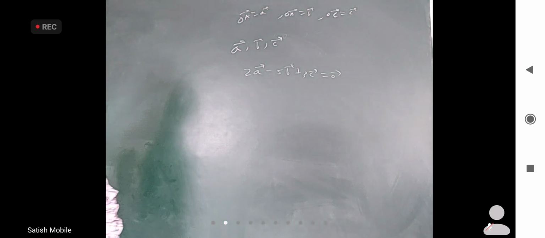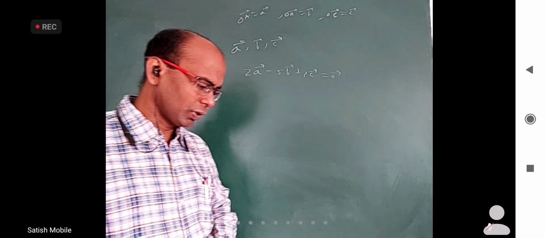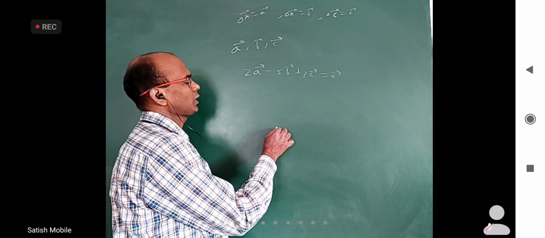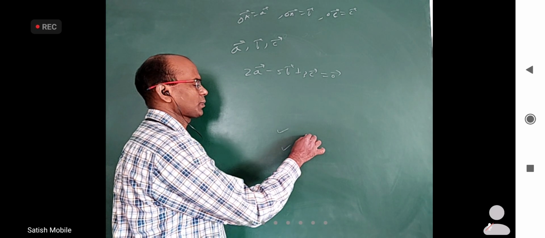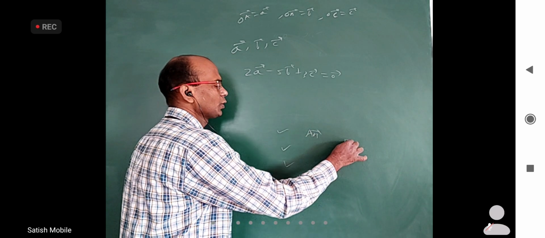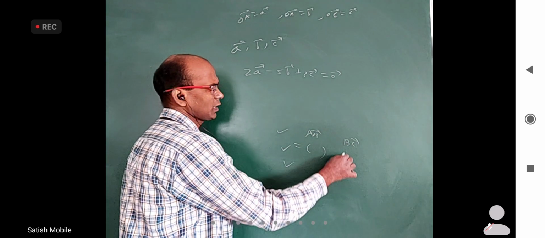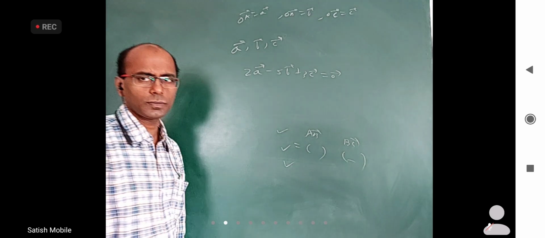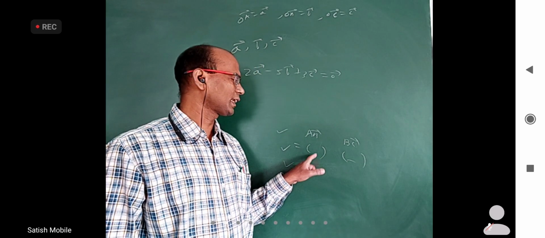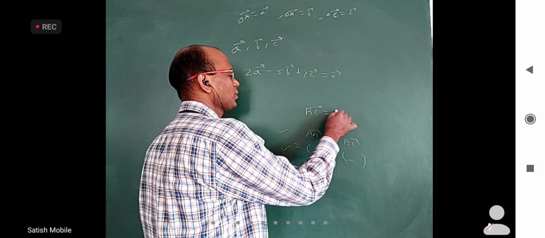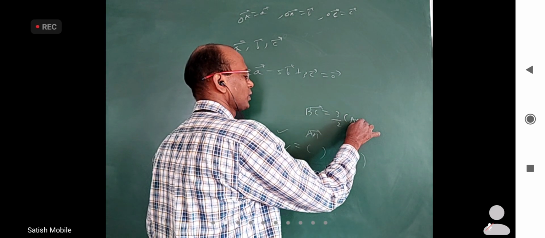But in vectors, if they give position vector of 3 points, how to prove they are collinear? Forget about this. If somebody gives you OA bar separately, OB separately, OC separately, you can find what is AB bar, you can find what is BC bar. AB bar will come something in terms of ijk, BC bar will come something in terms of ijk. If you can find this is 3 times this or this is 5 times this, let us say somebody got BC bar is 3 by 2 times AB bar.